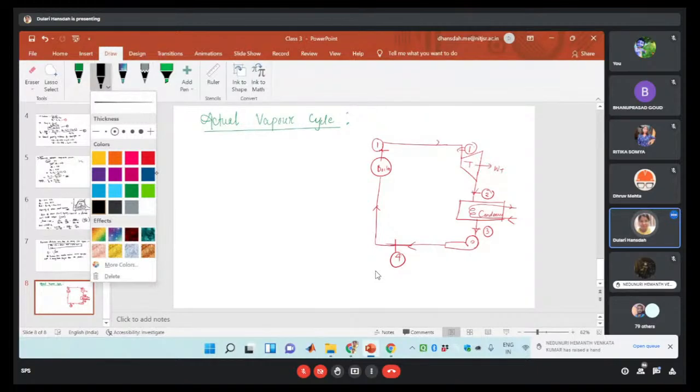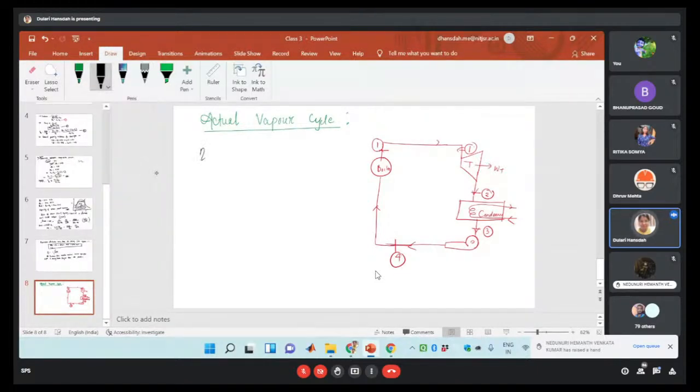If we are considering those losses, then the efficiency of the Rankine cycle will reduce, and it will depend upon the turbine efficiency, and it will also depend upon the pump efficiency. Okay, turbine efficiency and pump efficiency. If you have remembered, there we are using some isentropic work, right? And certain actual work.